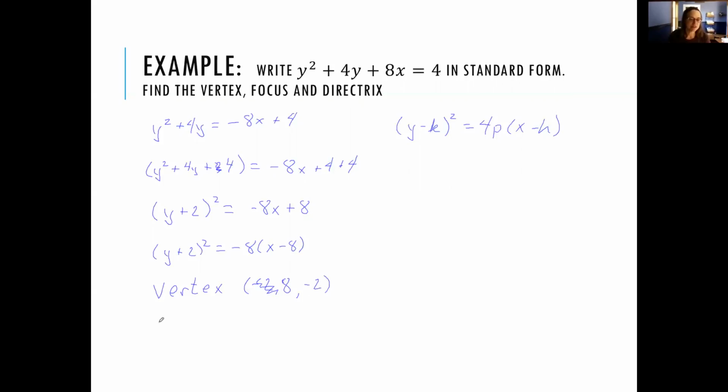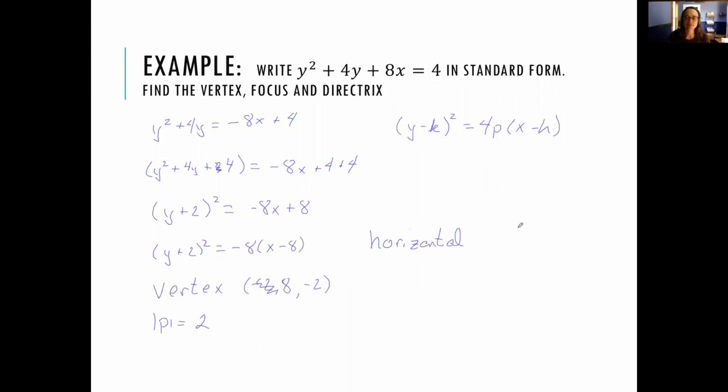And it gives us a p parameter. The absolute value of p is going to be 2 because negative 8 is 4p. So p is negative 2. So the distance parameter, the focal length, is 2. Now, what do we know here? We know that this parabola is a horizontal parabola because y is squared.